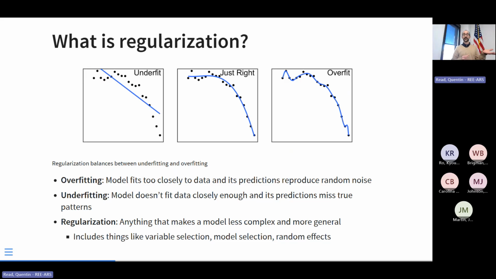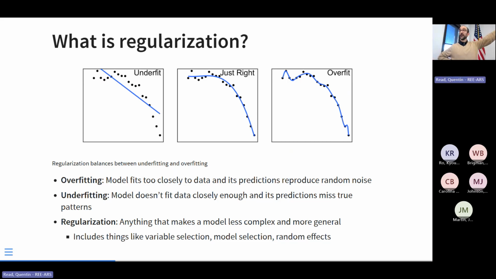It's fitting too close to the original data, so it's not going to make good predictions on new data, because the model is just reproducing random noise that happened to be in that data set. That same random noise isn't going to be in new data. So that model will not make as good predictions.